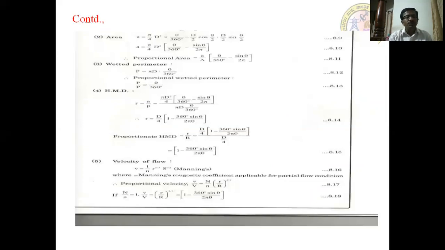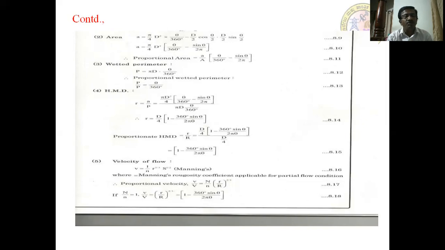Continuing, once again, in this equation they explain how we get the value of small a as well as capital A. Small a equals pi d square by 4 into theta by 360 minus sin theta by 2 pi, and proportionate area small a by capital A is this divided by pi d square by 4.